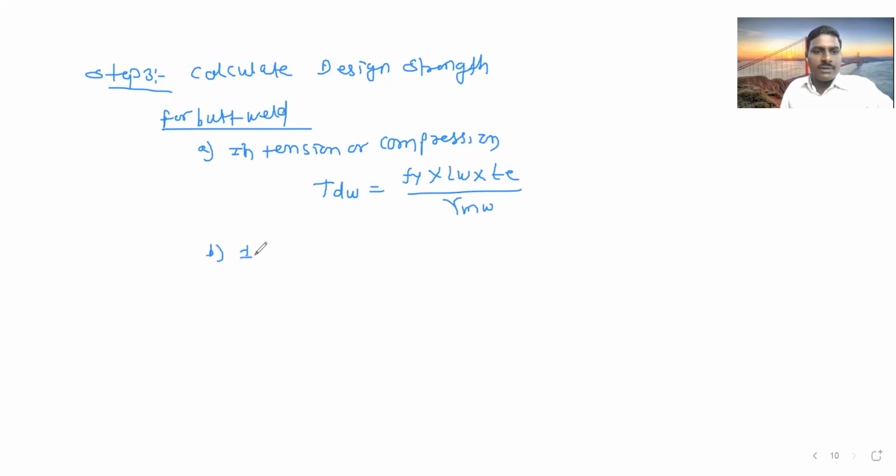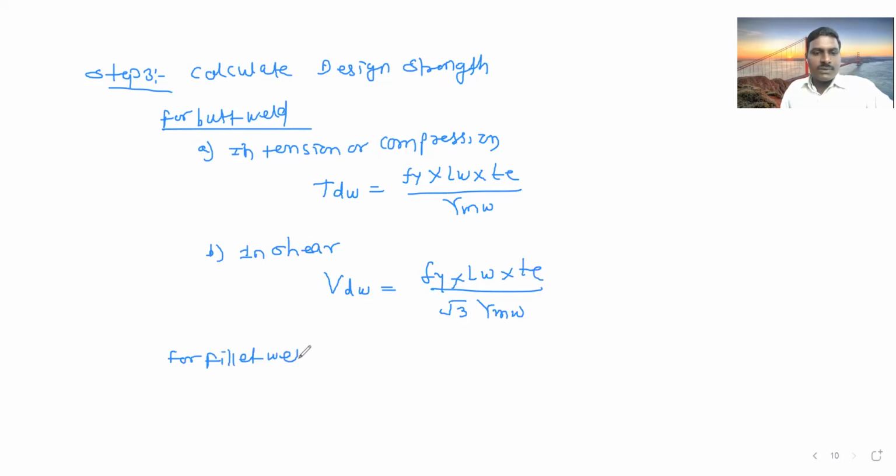And in shear, VDW is equal to Fy into Lw into T divided by under root of 3 gamma mw. Whether these formulas are correct? So these two formulas are there for the design strength of butt weld, and for fillet weld, this is the formula.